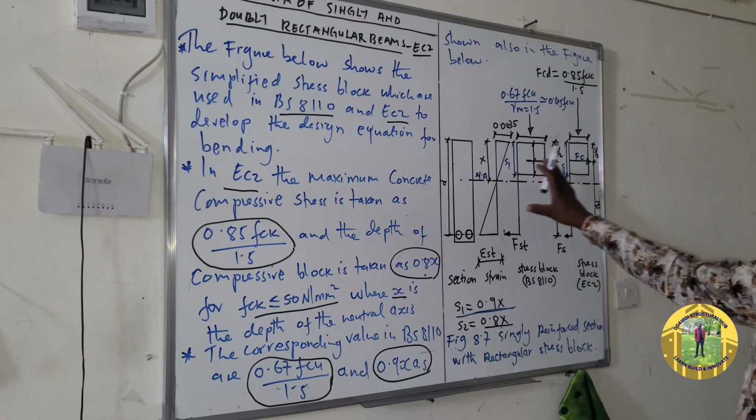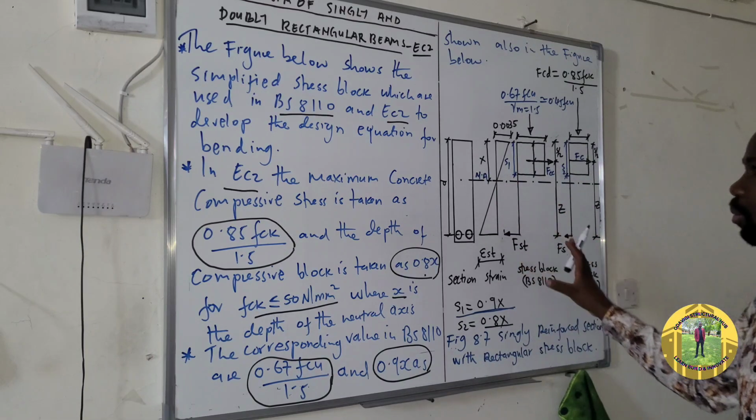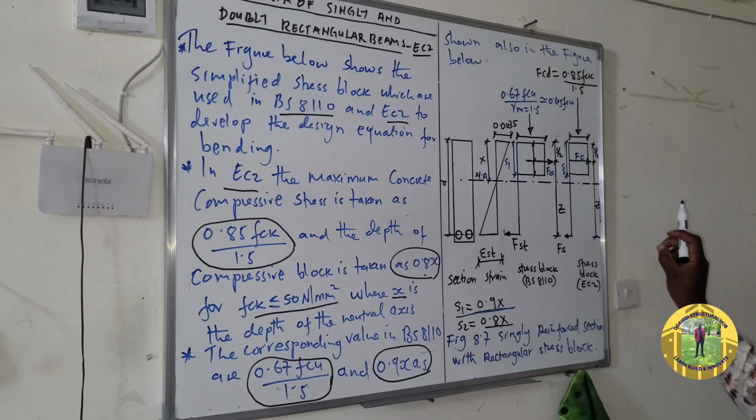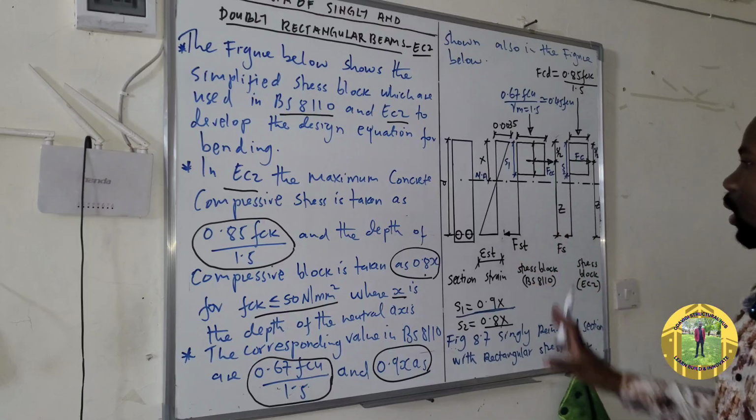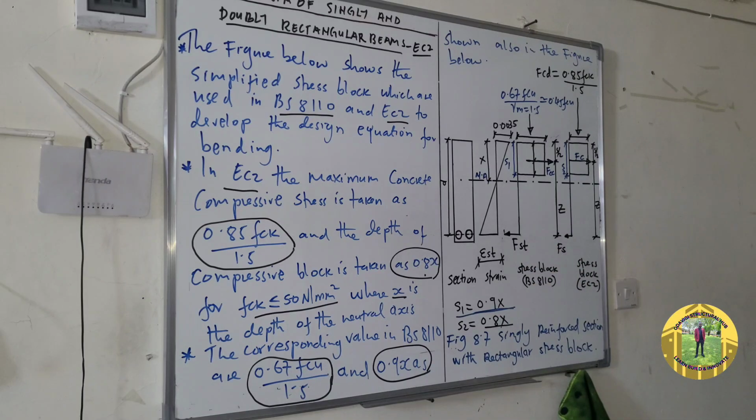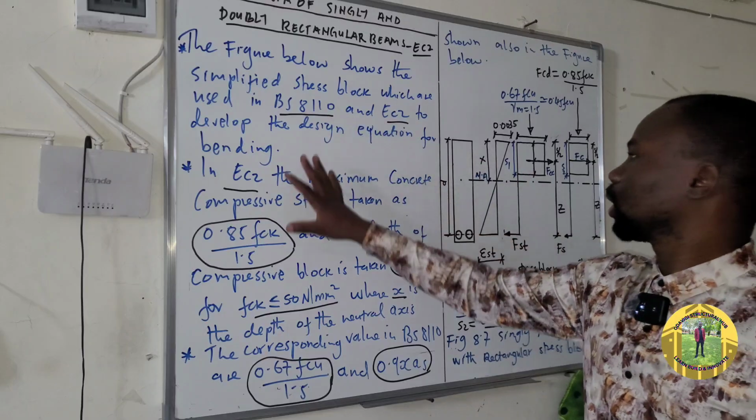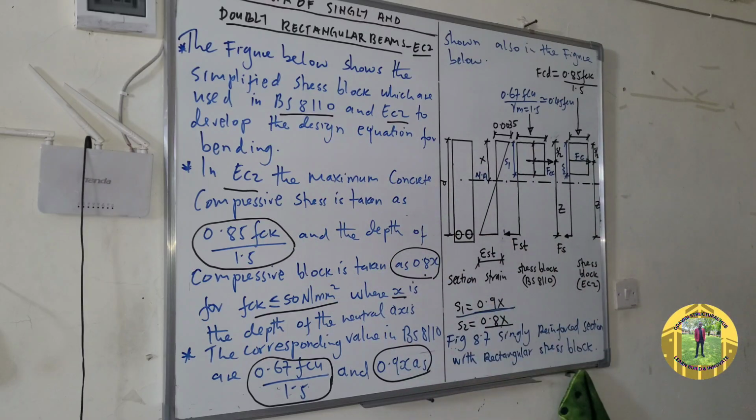These diagrams will help us to develop the design equation for bending. So let's see how we will develop these equations. You will allow me to clean here so that we can have space.